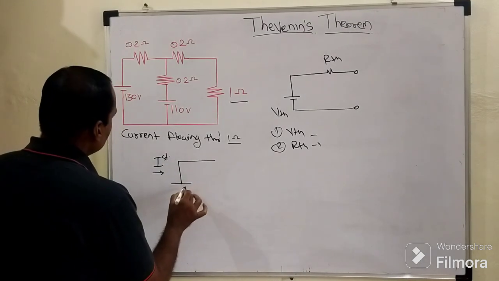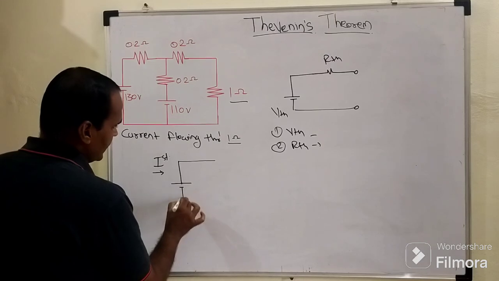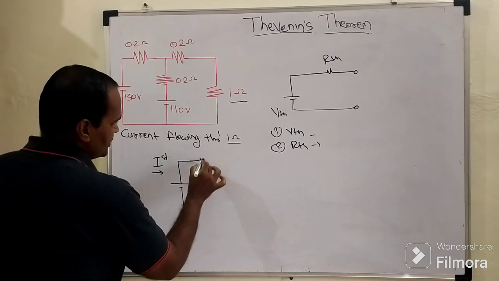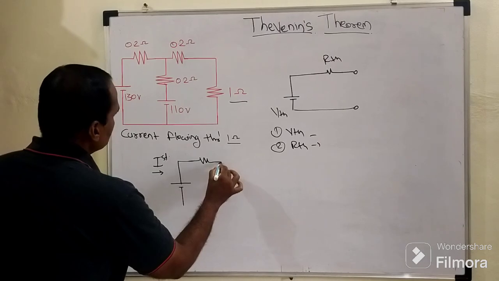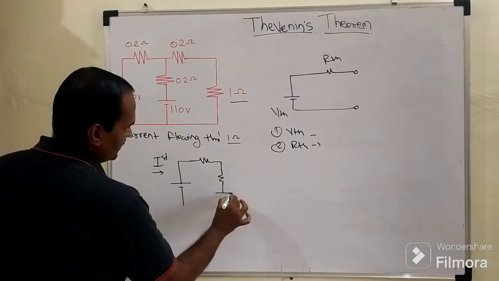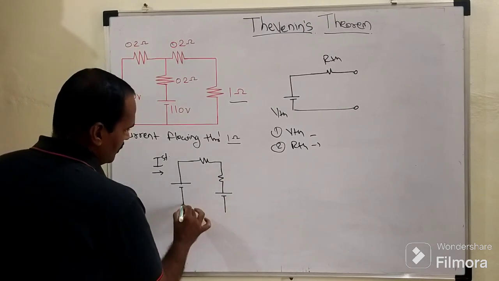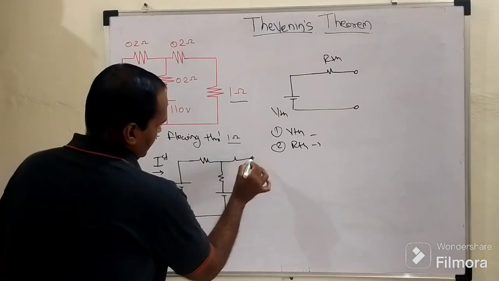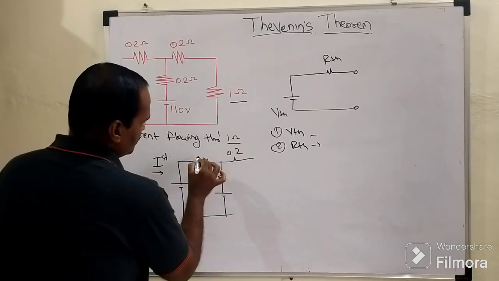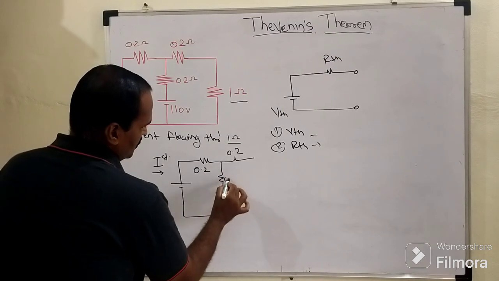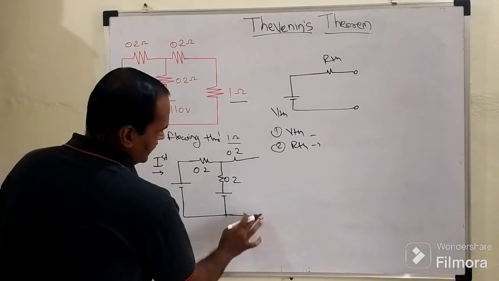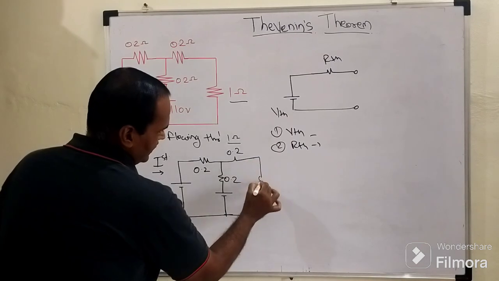Remaining parameters are as they are: this 130 volt source, this first resistive arm of 0.2 ohm. Here we have another voltage source of 110 volt. Here that 0.2 and 0.2, and our target resistor was lying in this branch.